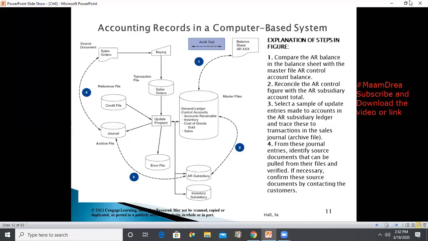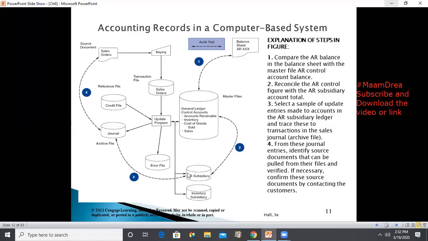First, we need to compare the AR accounts listed in our balance sheet to our control accounts, or the master file AR control account balance. Then we have to reconcile it to the AR subsidiary account total.